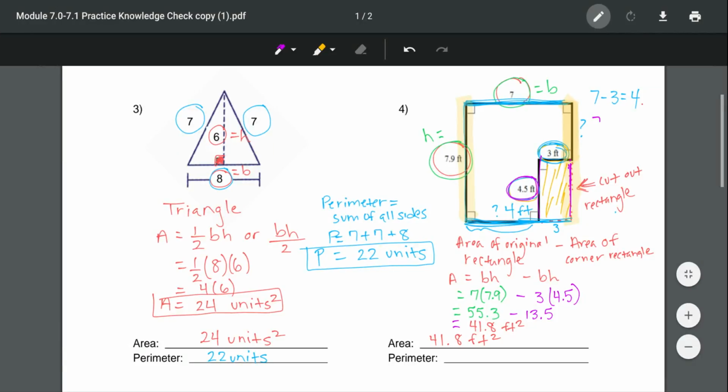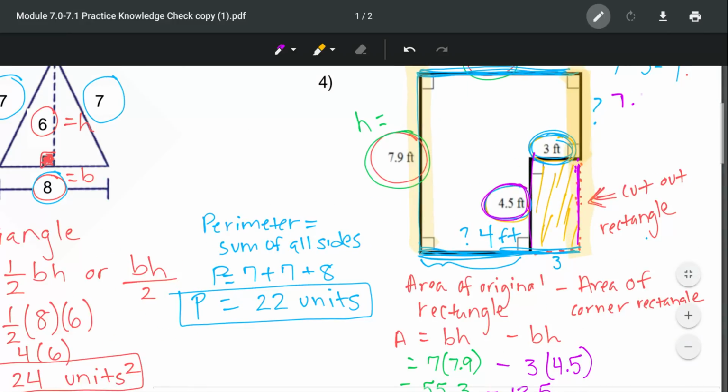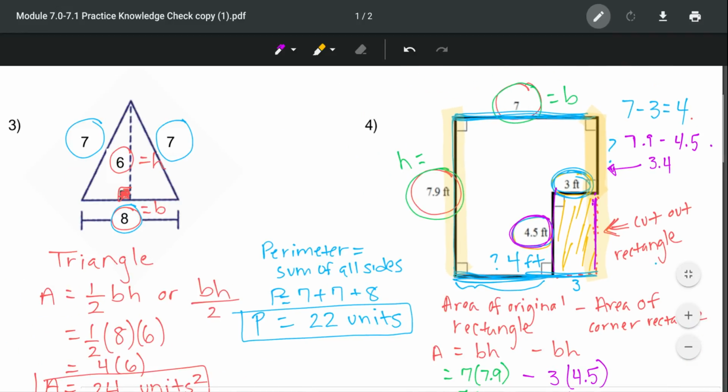So we have to take 7.9 minus 4.5 to get the value of that length, and we get 3.4. Okay, so that piece would be 3.4.